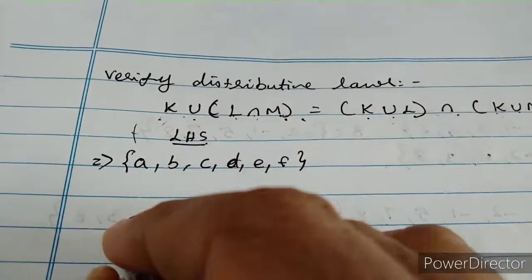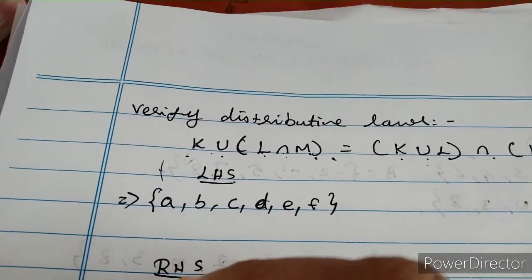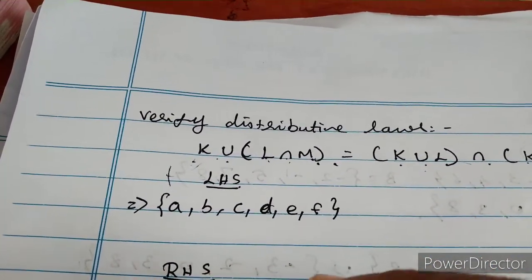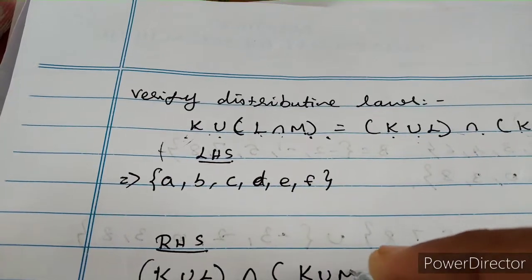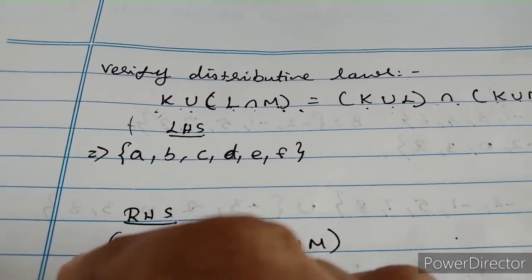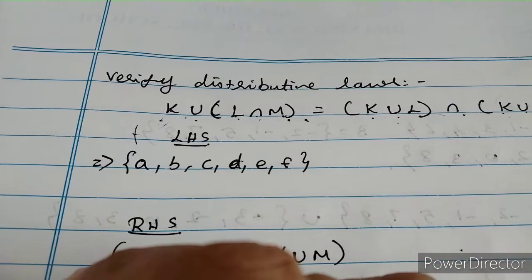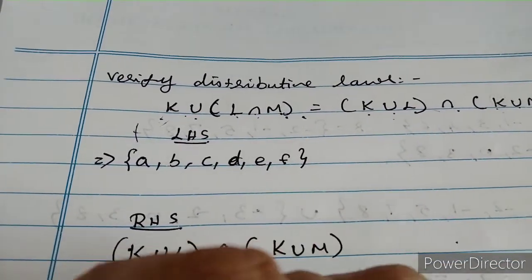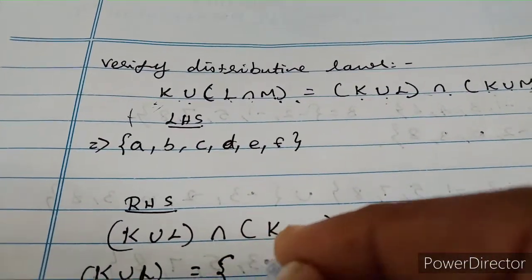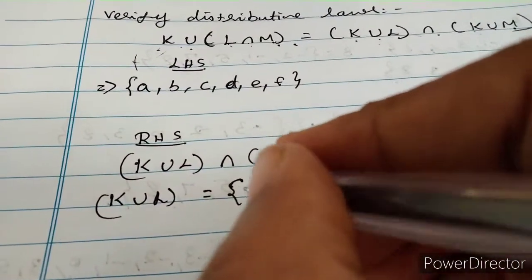Right hand side, the first one is K union L intersection K union M. So first write down the elements of K. What are the elements of K?